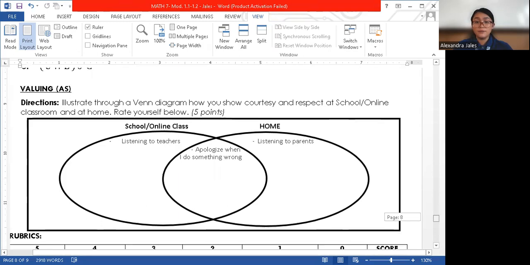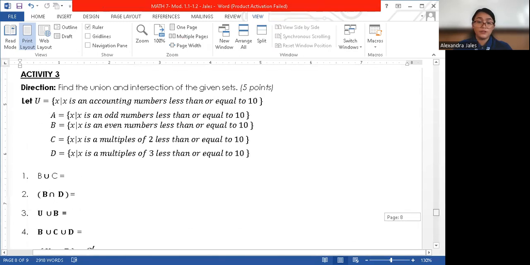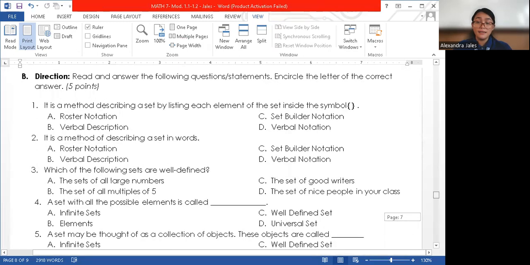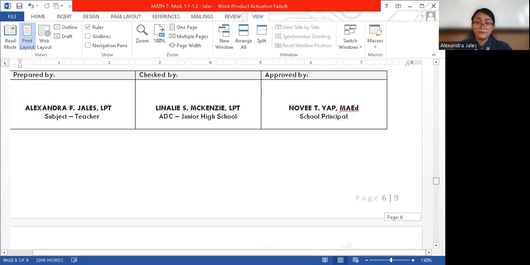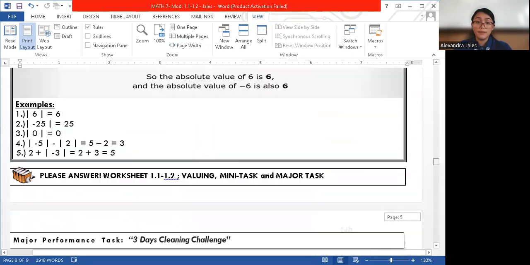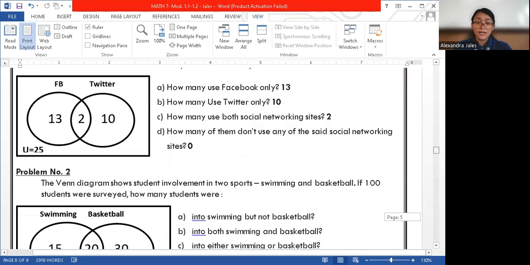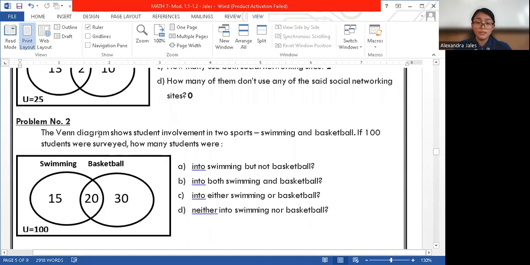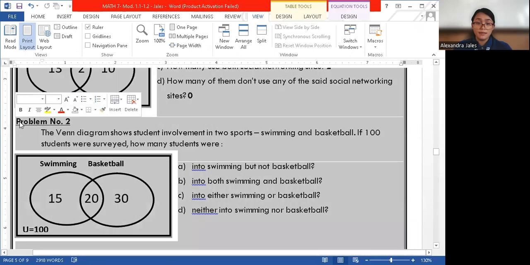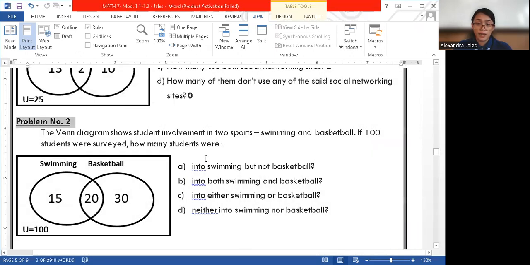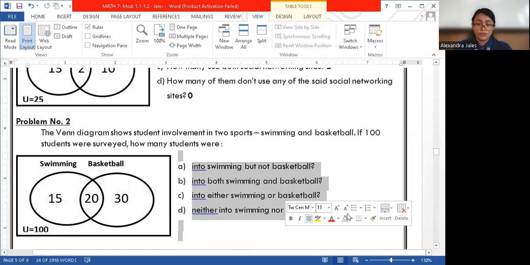So I think that would be all for today. Don't forget again, for your activity, problem number 2. Answer that. I will give you 5 minutes to answer this. Write problem number 2 and write the letters.